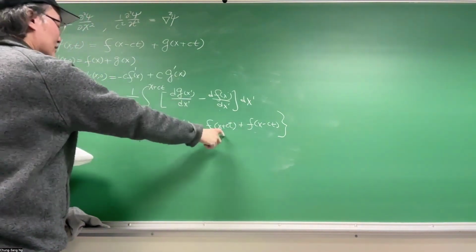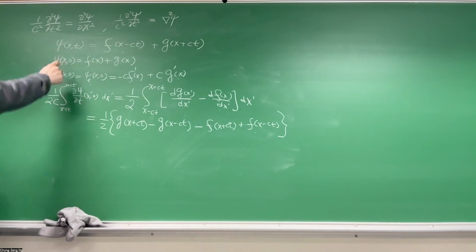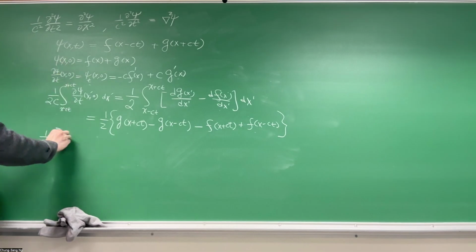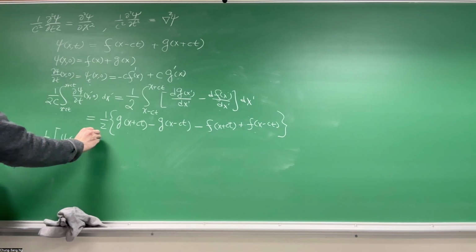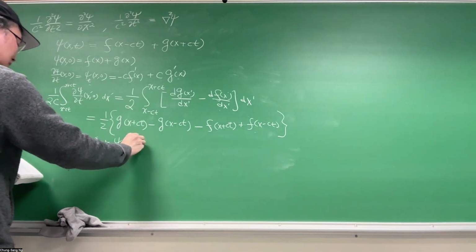But we have an extra term, which we try to find another equation to cancel, and I think you're using this one, but then you just substitute it in a different functional form. So substitute this in first, evaluate at x plus ct, and then plus another term, x minus ct.